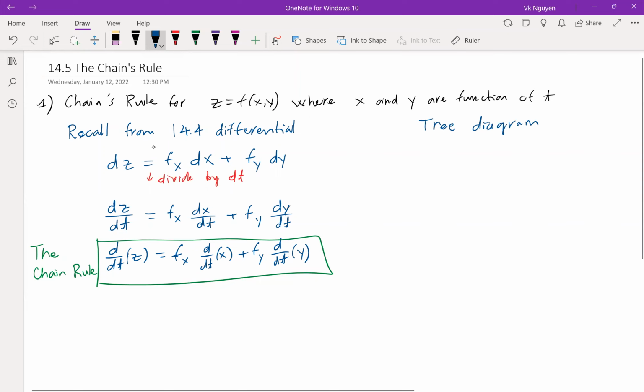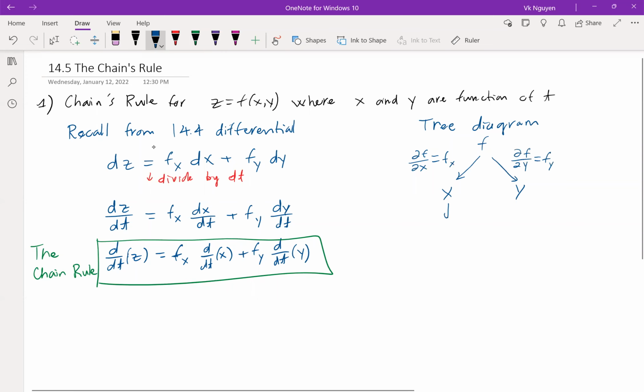We have a function f or z, it doesn't matter because f is the same as z. The function f here has two variables, x and y. So when we take the derivative, we have to do the partial derivative: partial f partial x, that's fx, and partial f partial y, fy.